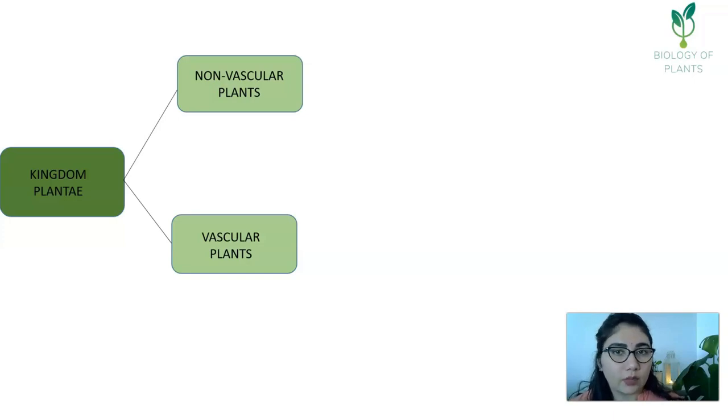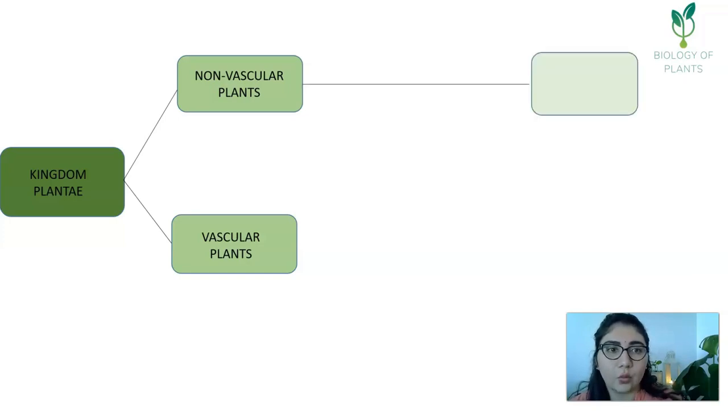This transport happens with the help of specialized conducting tissues called xylem, which is involved in the transport of water and minerals, and phloem, which is involved in the transport of nutrients. Non-vascular plants do not have xylem and phloem, and vascular plants have xylem and phloem. Now, there's only one group of non-vascular plants, which are the bryophytes.